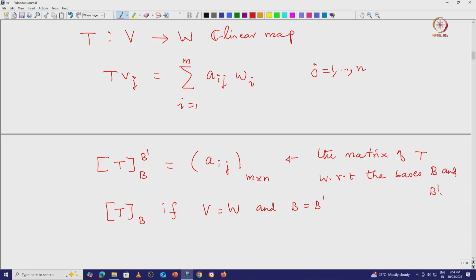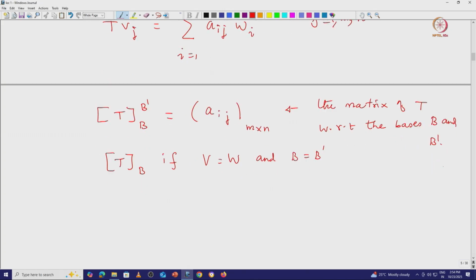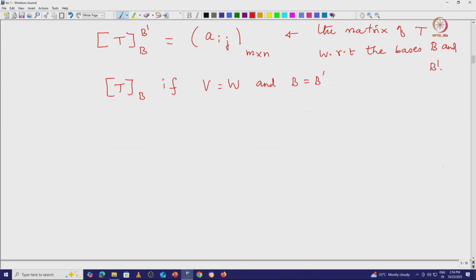Okay. So, what is the importance of this matrix representation? Once we fix the bases of V and W, we have a natural isomorphism between the Hom space and the set of all m by n matrices. Let us recall that.